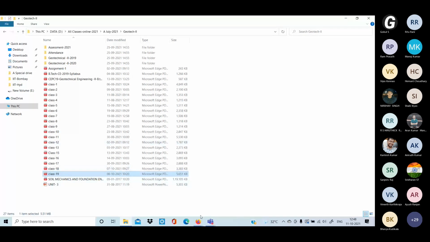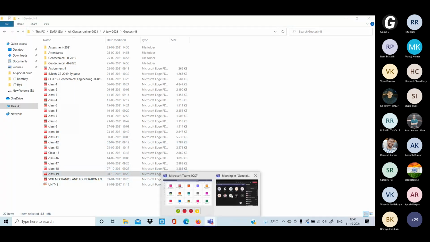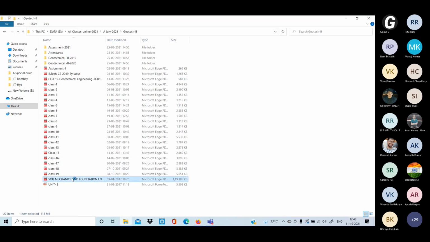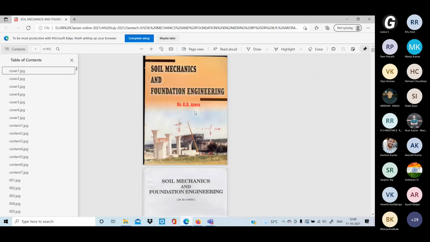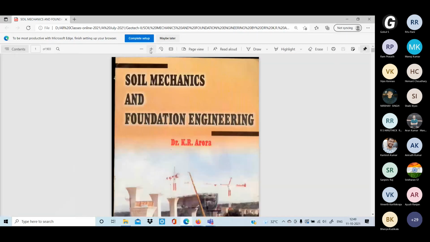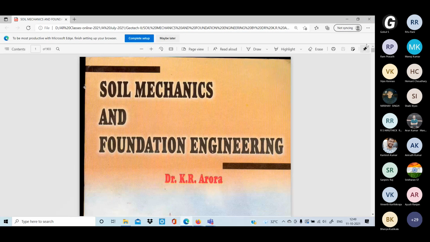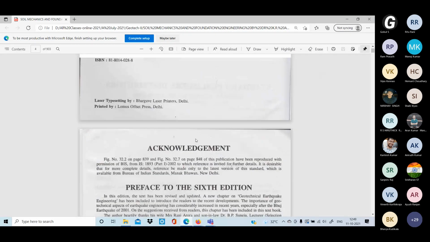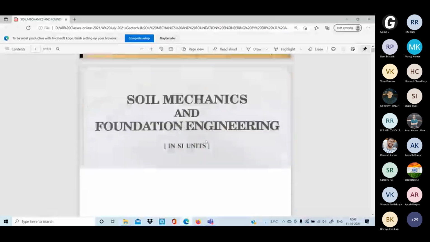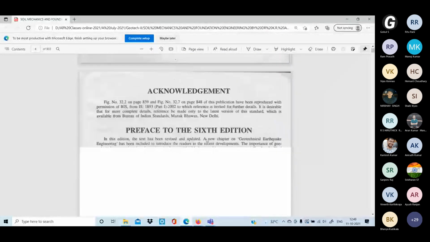Before that, I will show you some of this particular book. What you are going to read in this book, try to purchase a new book.